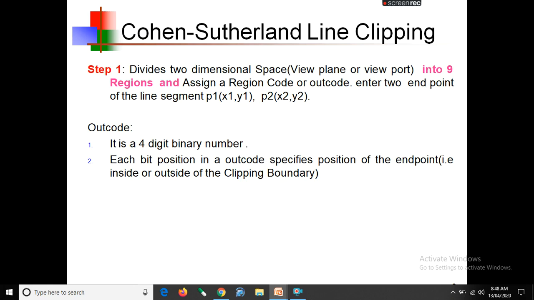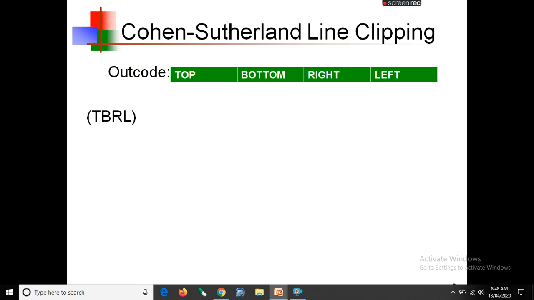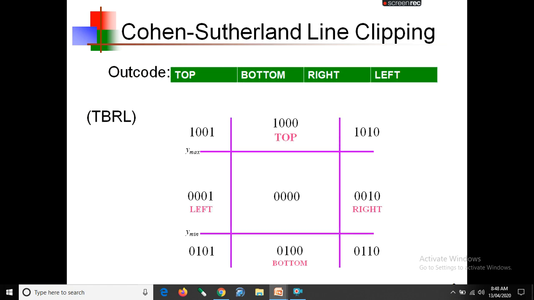Now see how we can prepare the 4-digit out code. In this slide, whenever you want to assign a unique out code to each region of the two-dimensional plane, you need to remember this formula: top, bottom, right, left. That means 4 bits, as I said, the out code is represented using 4 bits.